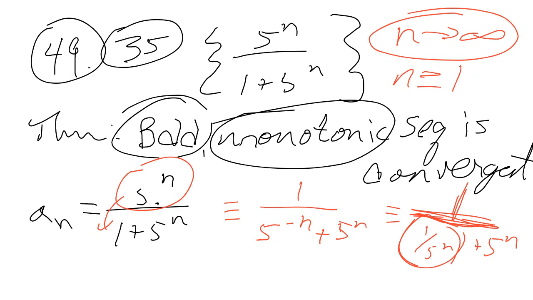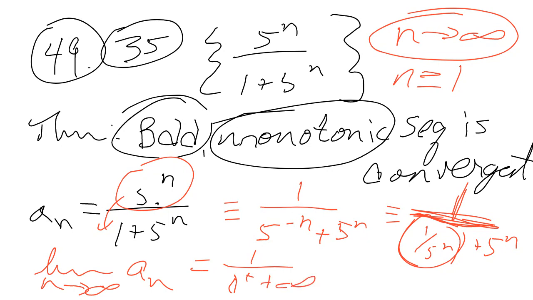So 0 plus infinity would be infinity. If we look at the limit as n goes to infinity of a sub n, it's going to equal 1 over something that's going to 0 in a positive way, plus something that's going to infinity. Well, I don't care what you add to infinity, if it's positive, it's going to be infinity.